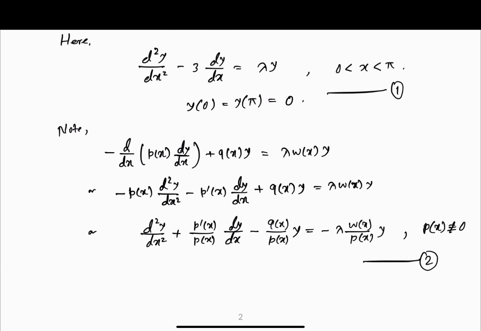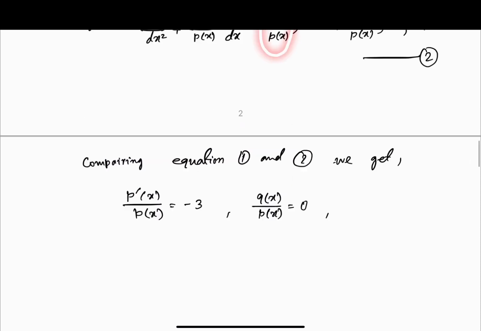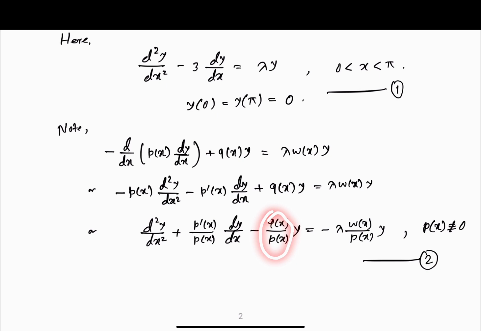Next, without lambda there is no coefficient on this side, so q(x)/p(x) is basically 0. And the coefficient for lambda: here it is lambda y, here it is minus w(x)/p(x), right?